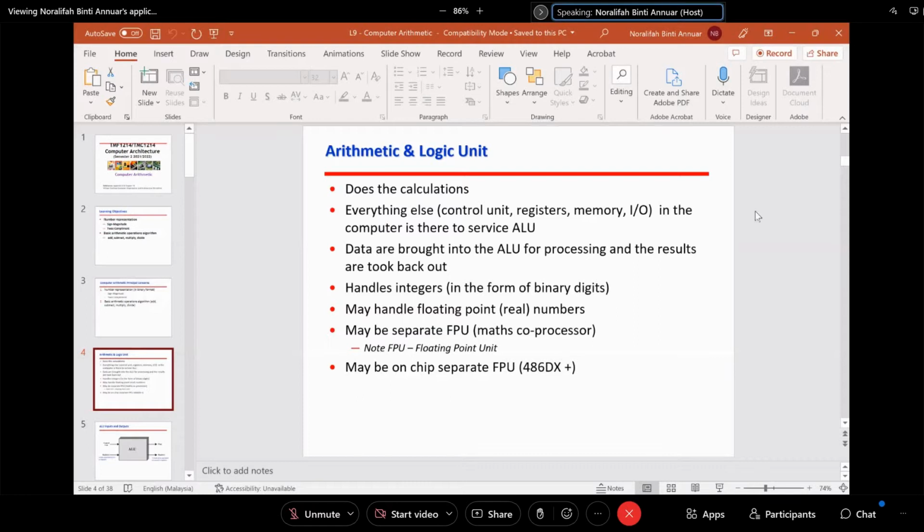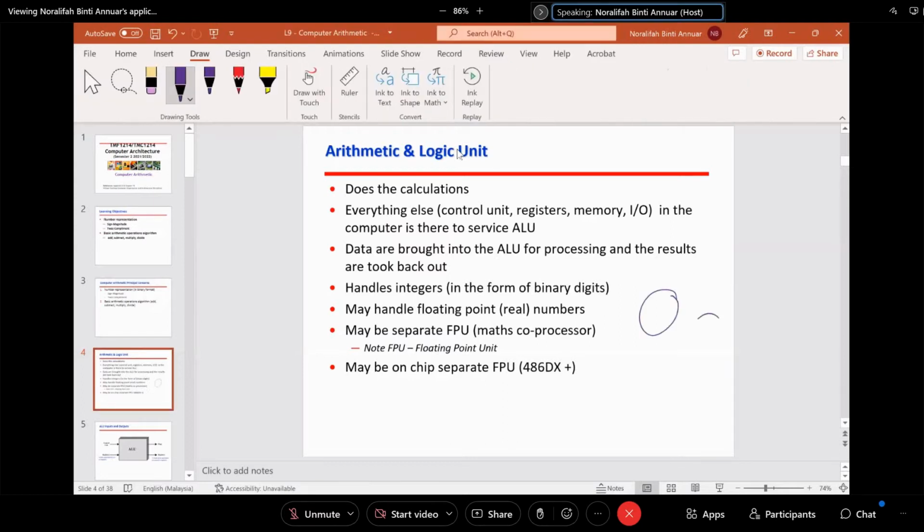also dekat faculty. So this is the arithmetic and logic unit. As you know, we have 4 main components of your computer, right? Kita just do a quick revision. So here is your CPU, here is your main memory, and here is your I/O. Basically, we already covered these 3 main components, which are connected via the system bus. The system bus is to transport data, carry the address, and also carry the signal, read or write.